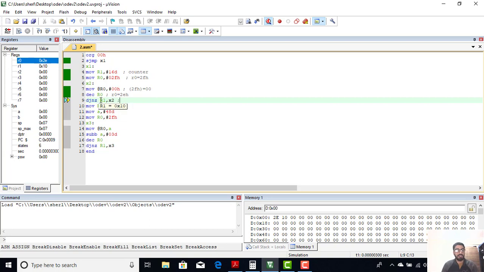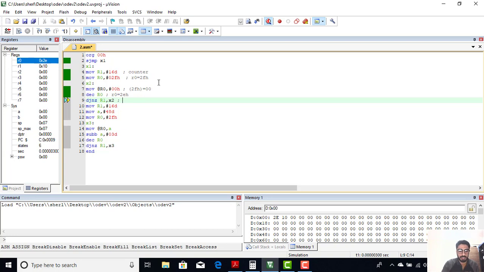We need to decrease our counter, since we need to use this label 16 times. Every time we decrease 1 and go again to the label, decrease again and go again, and so on till the counter becomes 0. Then it will move automatically to the next line.